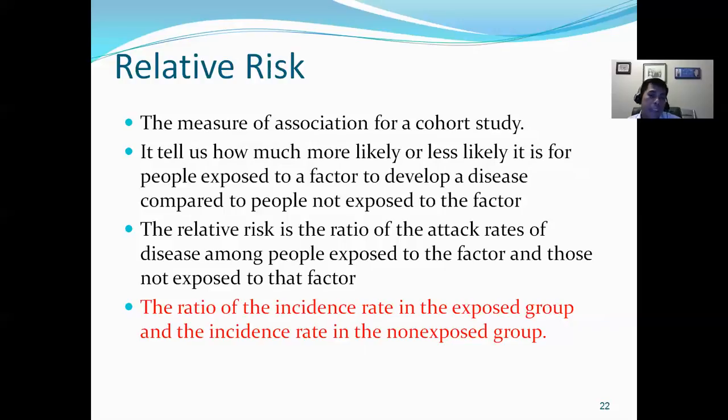But you are now looking at the attack rates of disease among people exposed to the factor and those that are not exposed. So the ratio of the incidence rate in the exposed group and the incidence rate in the non-exposed group is what we call relative risk. We have to remember this is still a ratio.